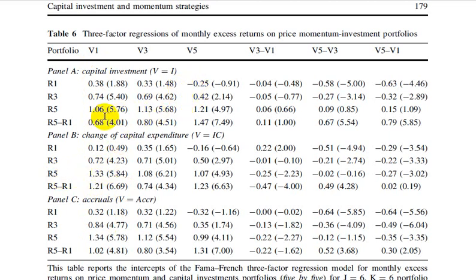But it's interesting to see the only monotonically increasing relationship with capital investment is that of the highest momentum portfolios in the capital investment panel. The other ones have a decreasing monotonic return as the level of investment increases.